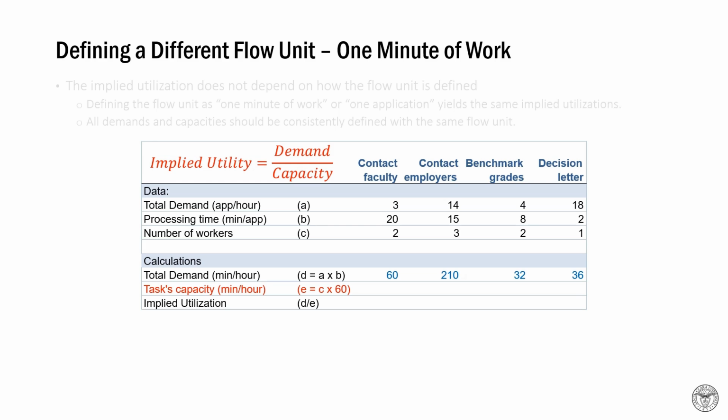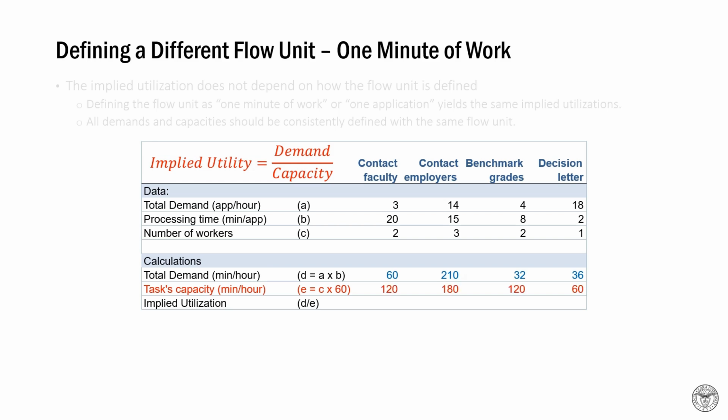Similarly, the contact employer's task has a demand of 14 applications, and each application takes 15 minutes, totaling 210 minutes of work. The benchmark grade task requires 3 applications at 8 minutes each, amounting to 24 minutes. Lastly, the decision letter task involves 18 applications at 2 minutes each, totaling 36 minutes.